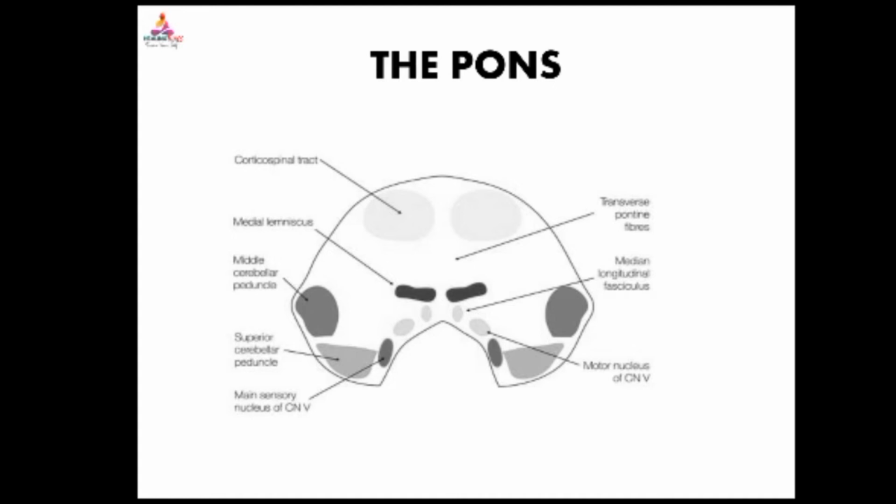It is so named because it forms a broad bridge between the two cerebellar hemispheres, with its transverse fibers continuing as the middle cerebellar peduncle. The vertical median sulcus on its ventral aspect lodges the basilar artery and is therefore termed the basilar sulcus.